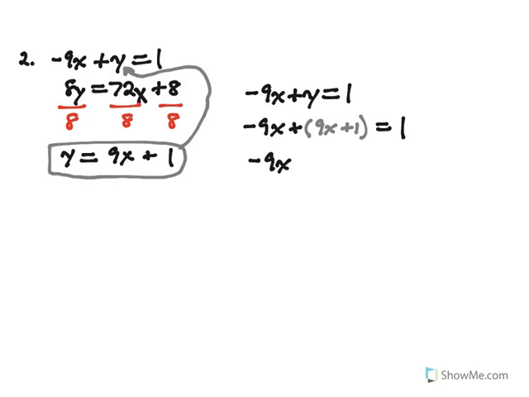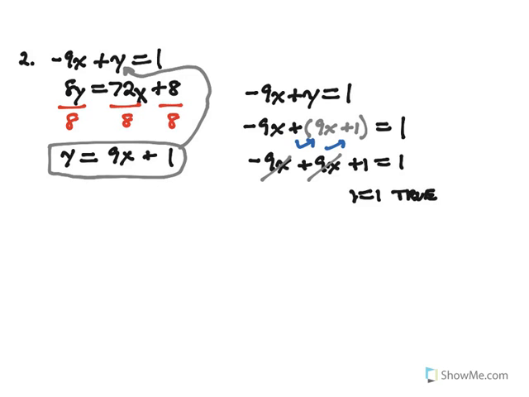When I distribute the signs, they're going to stay the same. So this is just going to be 9x plus 1 equals 1. Now you notice that the 9's cancel out. And then you're just left with the statement 1 equals 1. That's true.